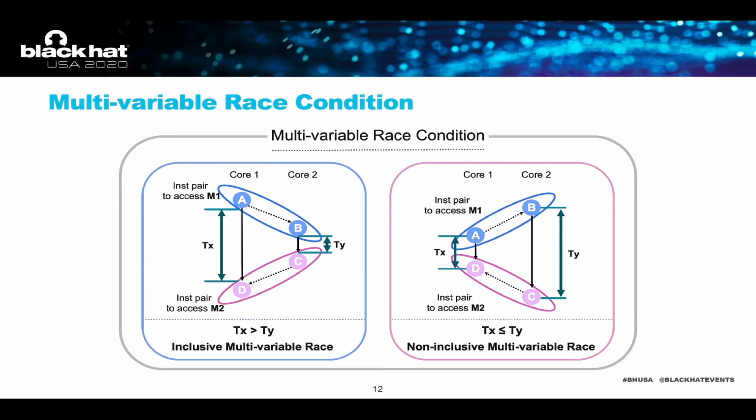So let's further classify the multivariable race conditions into the inclusive one and the non-inclusive one, according to whether the time window X contains the time window Y. If the time window X contains the time window Y, it is classified as an inclusive multivariable race condition. On the other hand, if the time window X does not contain the time window Y, it is classified as a non-inclusive multivariable race condition.